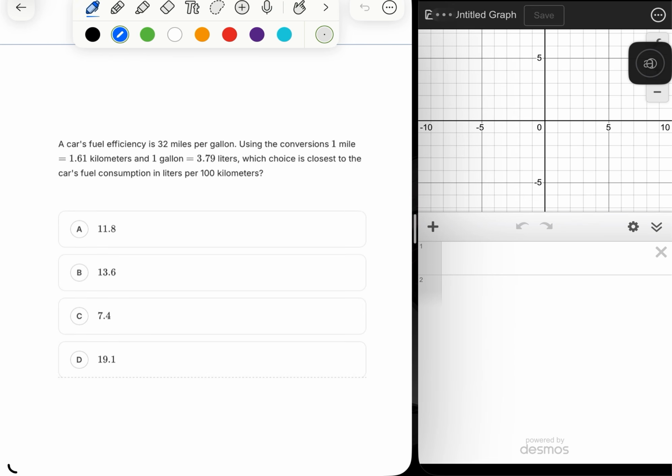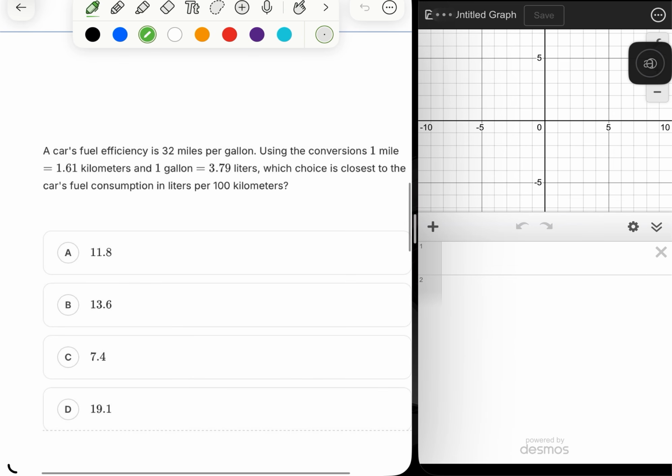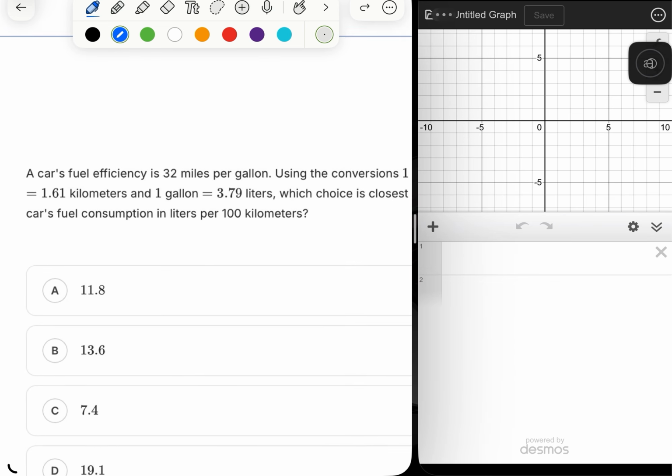Right away, you'll know this is a unit conversion problem because it tells us what the conversions are. So that's a good sign that they actually want you to convert something in the problem. And the key thing to do in these types of problems is look at the beginning and look at the end. What I mean by that is look at what they give us first.